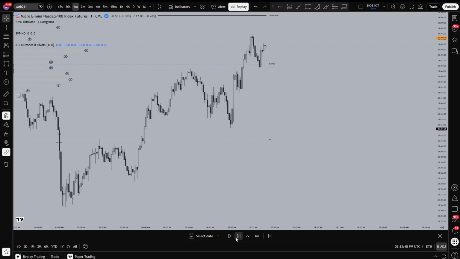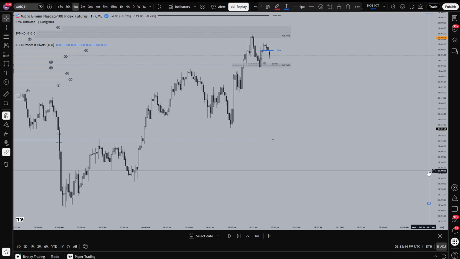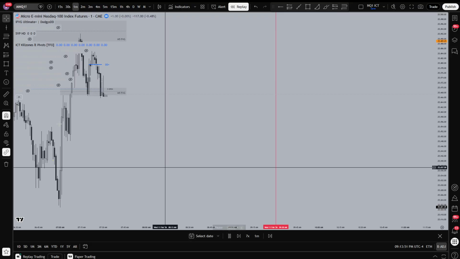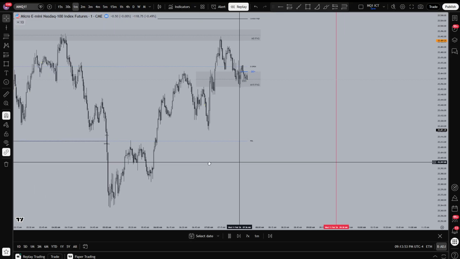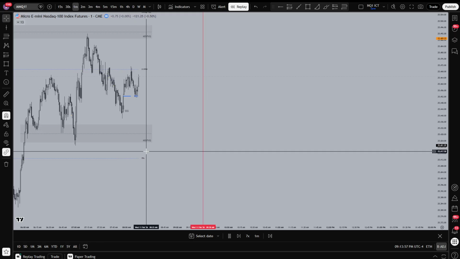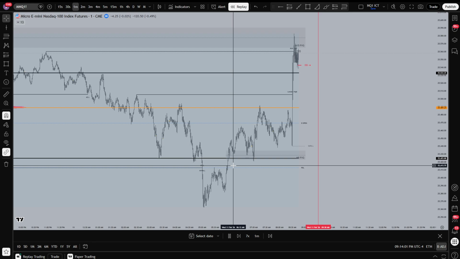We want to get to the New York session. We'll see where the value area high and low are in this too, whenever it decides. That's the thing though, you have to look at it for it to turn on. Yeah, there you go.